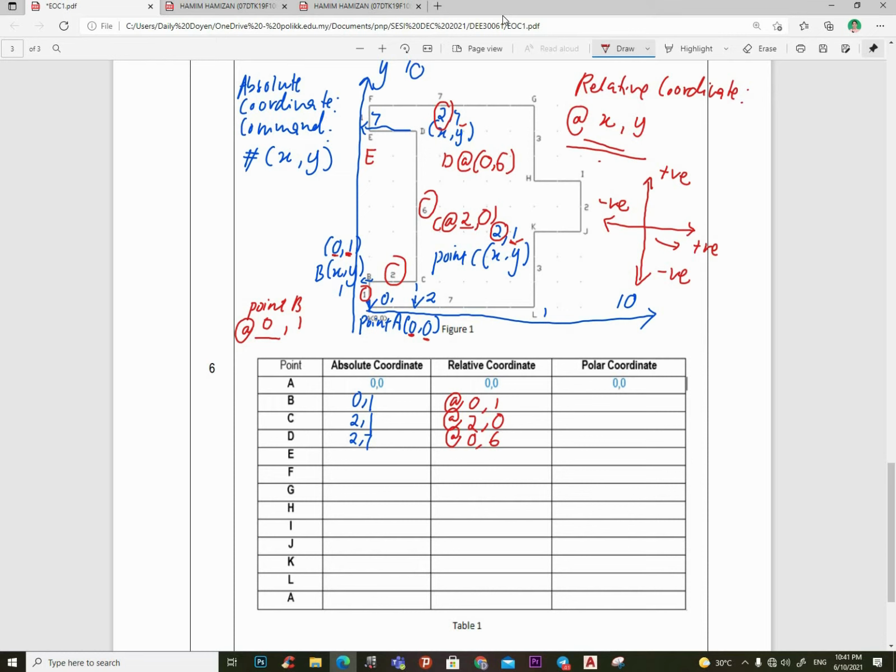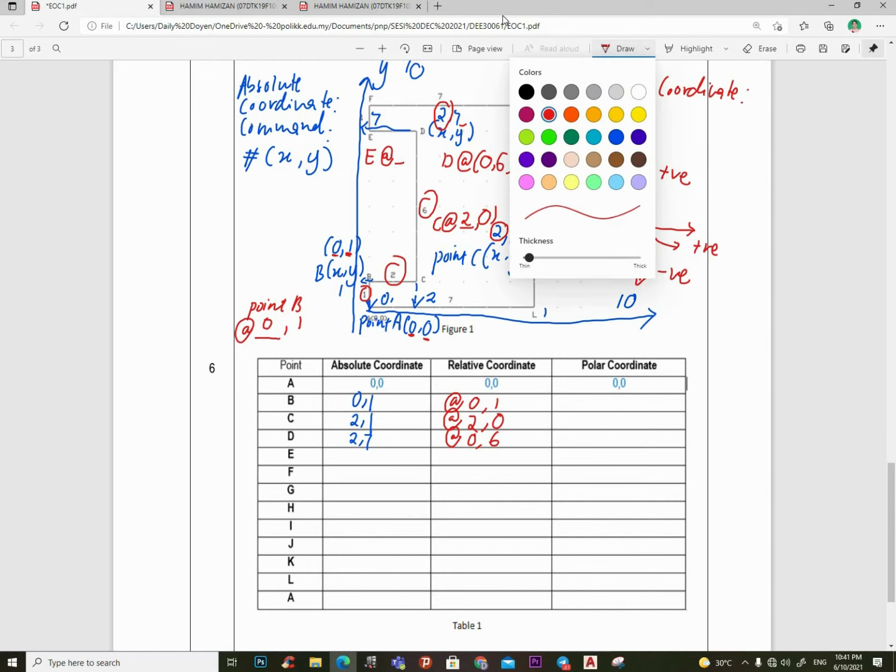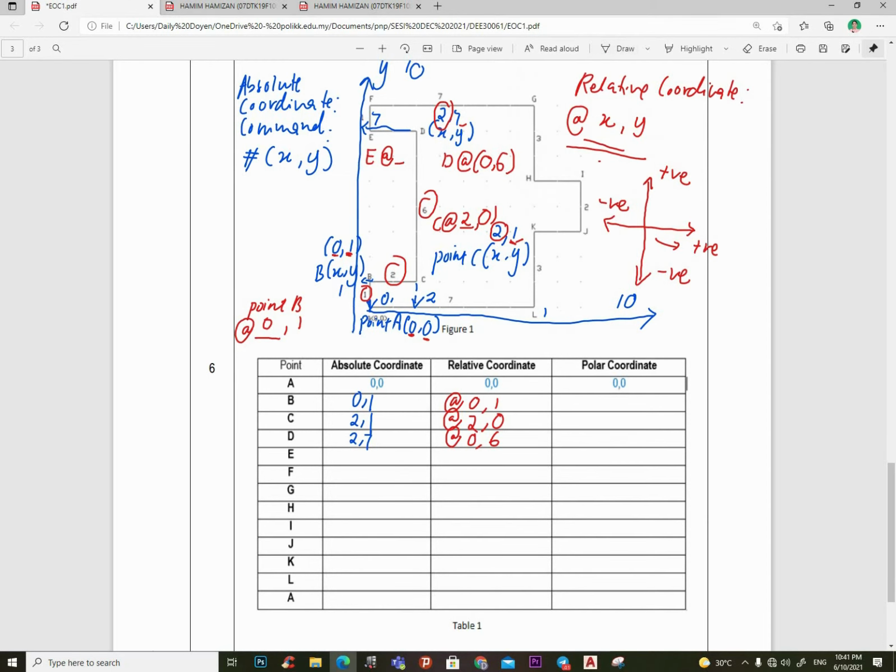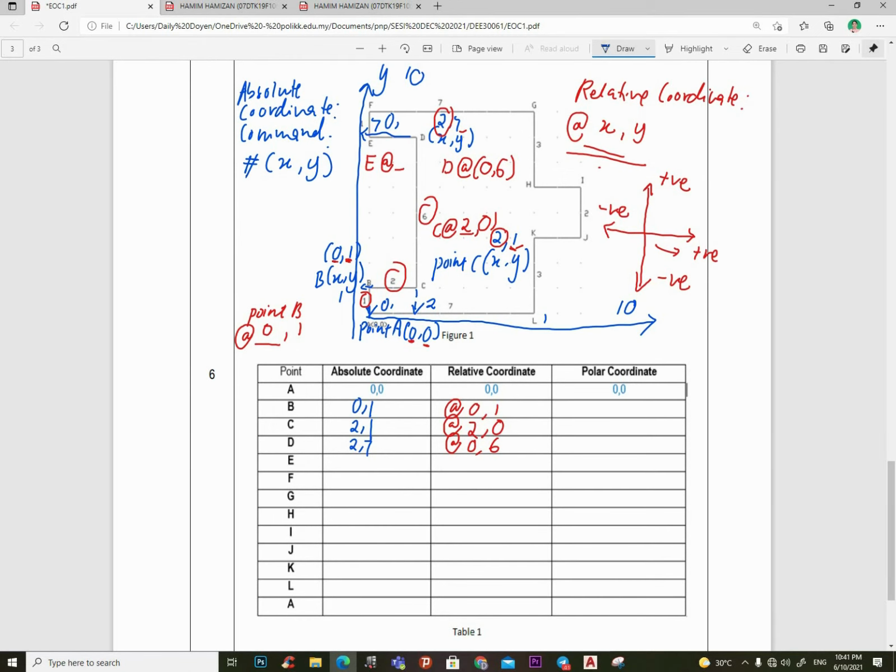For point E, we must write down alias. Okay, what is the value of X? You look at the absolute coordinate points. You identify the absolute coordinates for point E first, which is 0, and the y-axis will be 7.